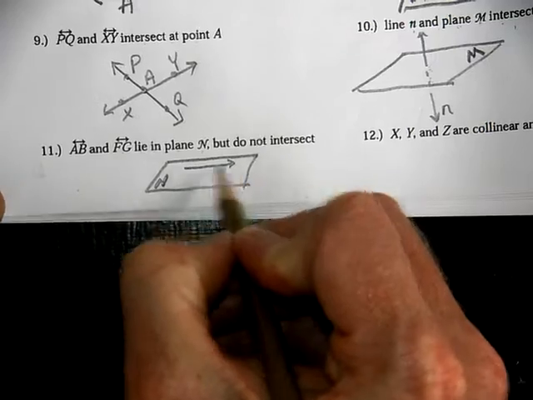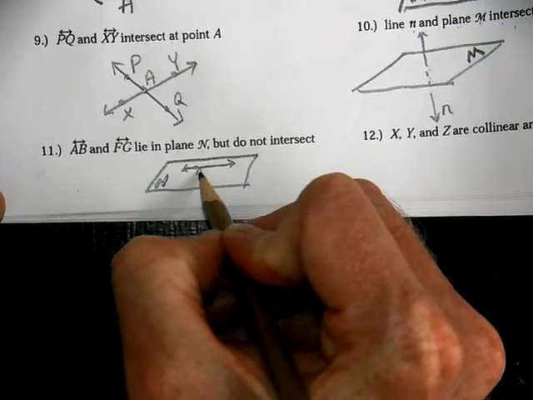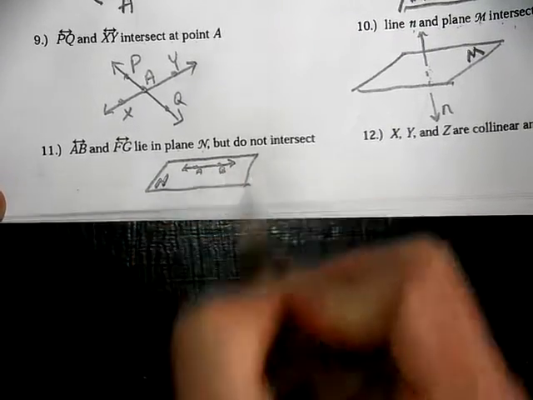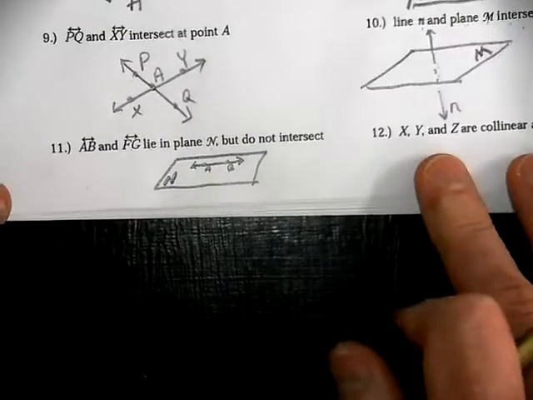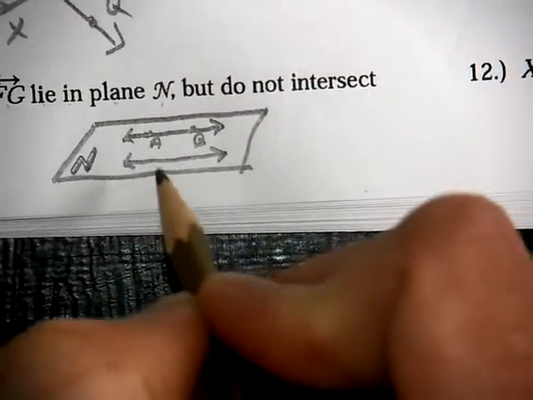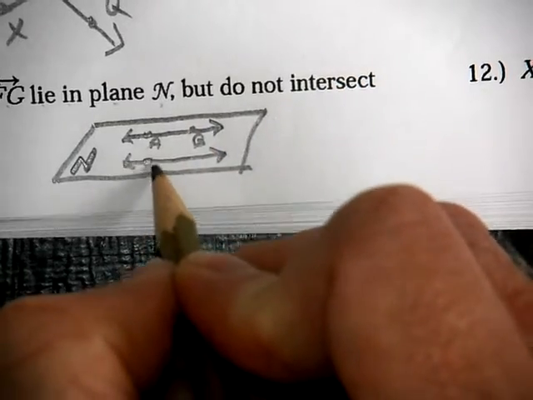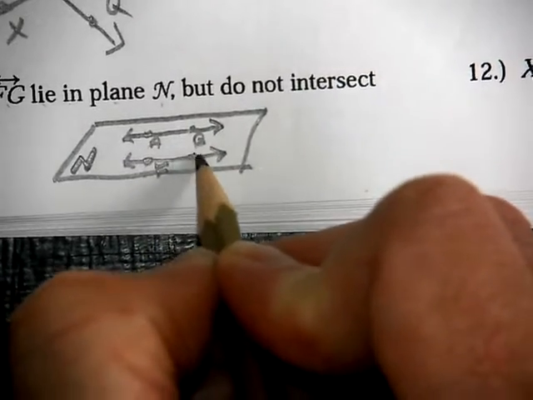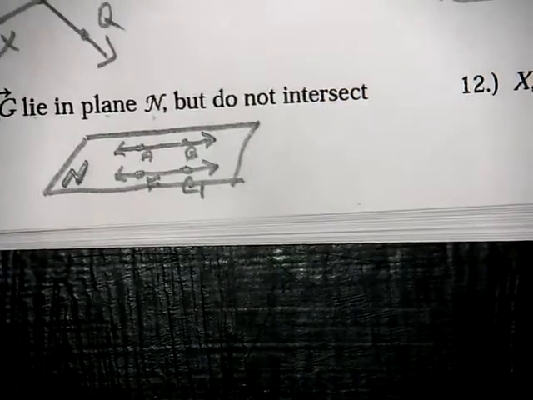We put down AB, and we put down FG. So those two lines would be parallel if they never intersect.